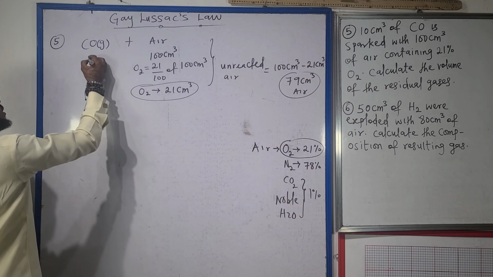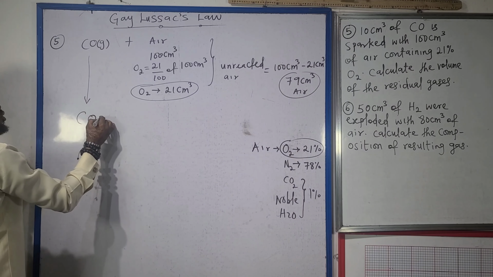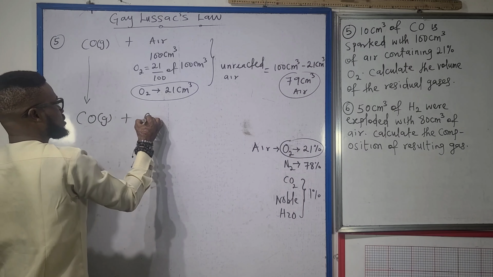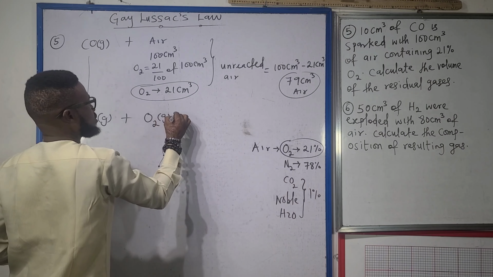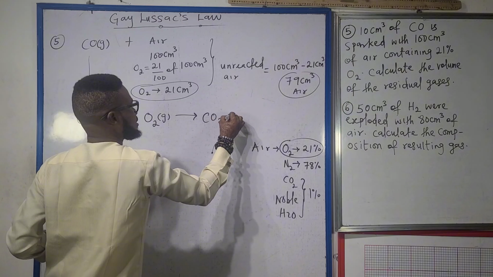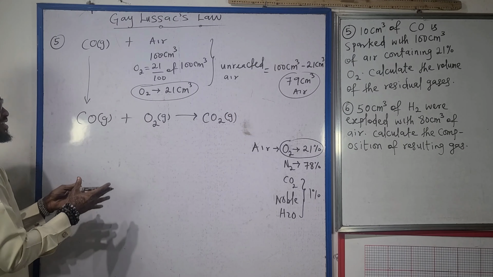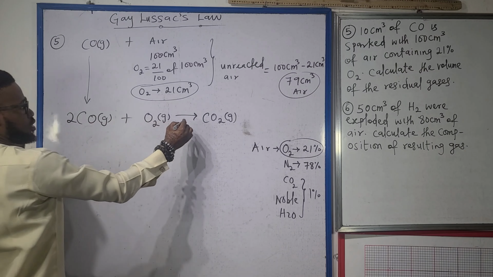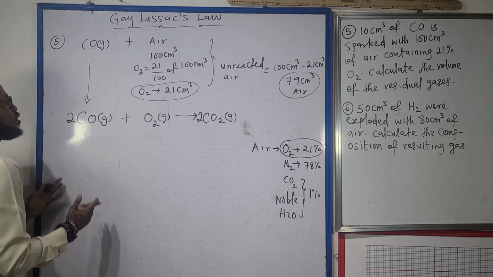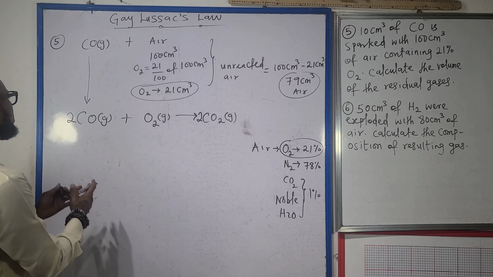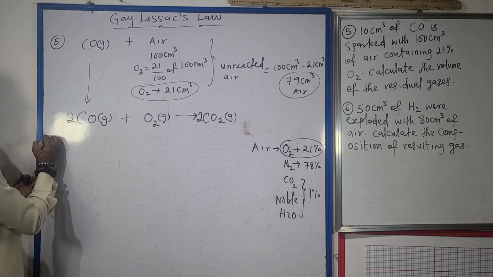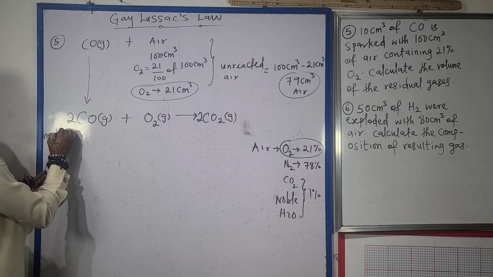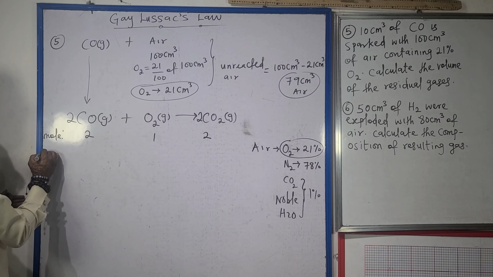So what this means is that I have CO gas reacting with oxygen gas so that CO2 gas is formed. In order to balance this, I put 2 here, and of course it looks balanced. So the mole ratio here is 2 to 1 to 2. And when I look at my carbon dioxide, what is available?